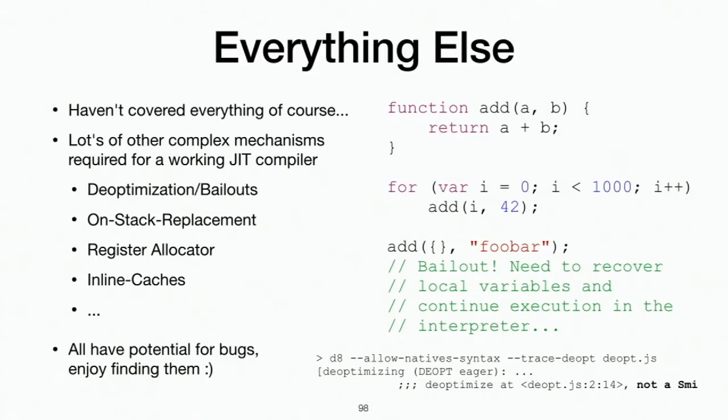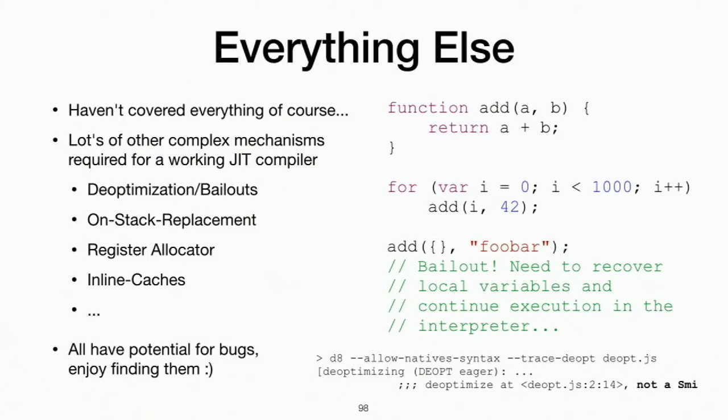There's some other mechanisms like on-stack replacement, where basically the engine can also switch to the JIT code while running the function. So let's say you have a function that has a while loop that's running very long. At some point, the JIT compiler could compile the whole function and then just switch to the JIT code from one loop iteration to the next.